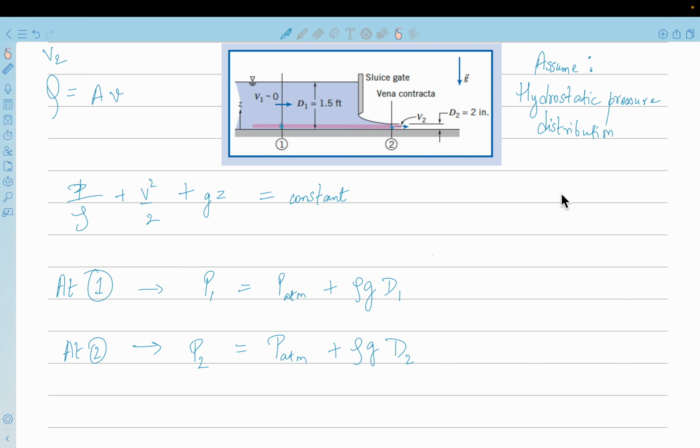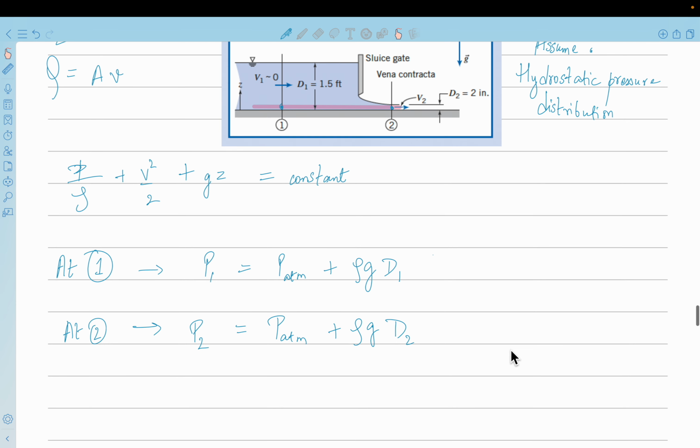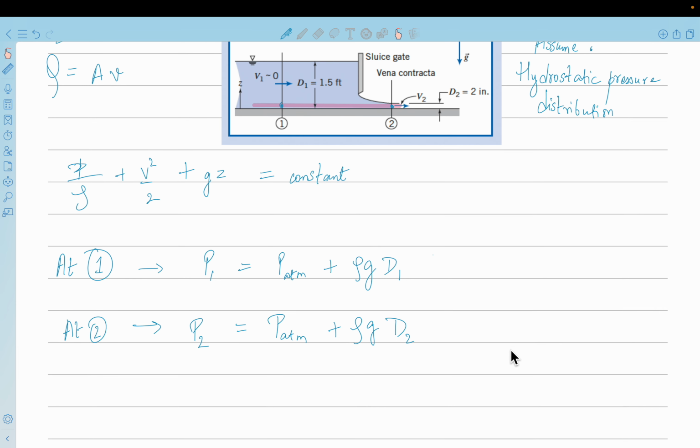Now again you have made a hydrostatic pressure distribution assumption, and it may not be as valid at location 2 as it is at location 1, because at location 2 the height is actually very small and the fluid will be moving quite fast. So the pressure may not be actually what we have written, but this is the best assumption we can make right now. Okay. Any questions still here?